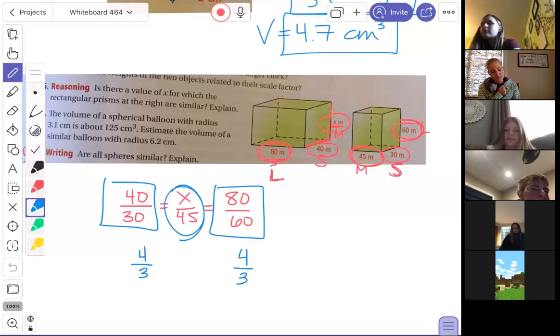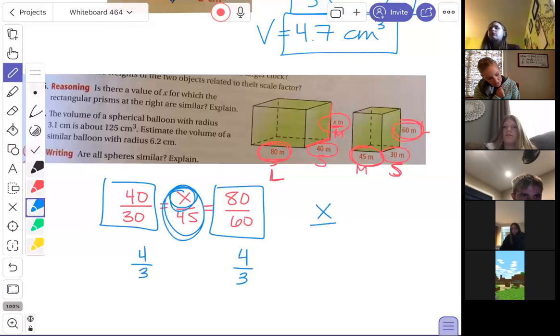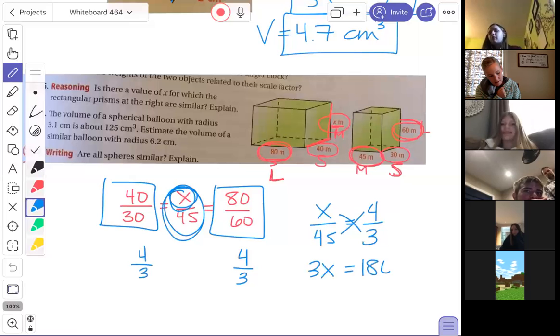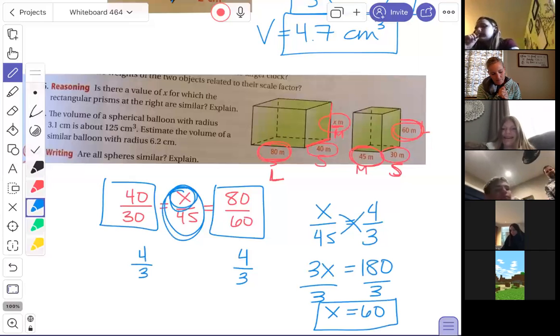So we want to see, is there a number I can put here to make it a 4 to 3 ratio? If I set it up as a proportion, X over 45 is 4 to 3, and cross multiply, I get 3x equals 180, divide by 3, so X would have to be 60. You can do it that way.